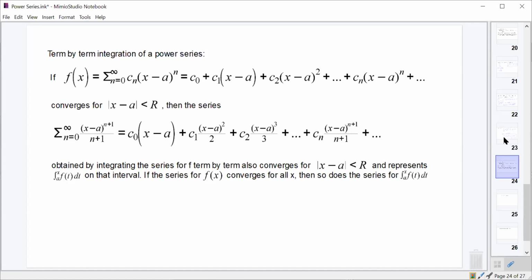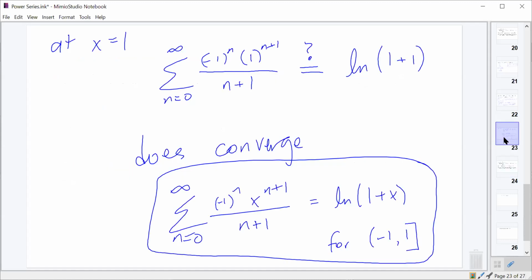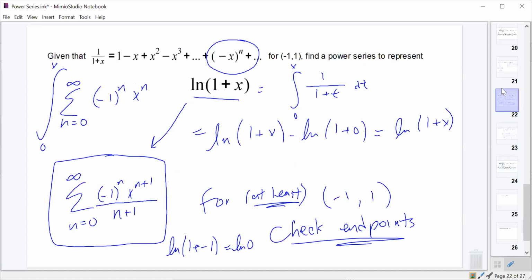I guess we didn't really show it with this one. So we could really quickly do that. If I term by term integrate this, what's the integral of 1? X, right? Minus x squared over 2 plus x cubed over 3 minus x to the 4th over 4 and so on.